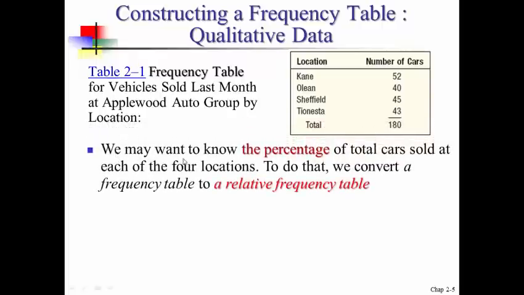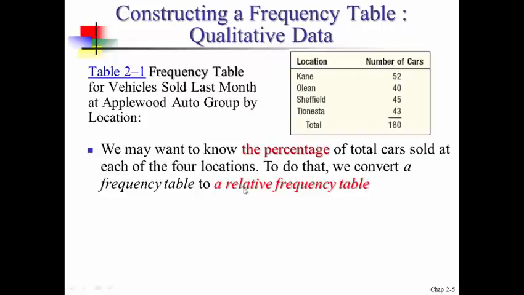We may want to know the percentage. This is not a percentage, this is a number. We may want to know the percentage of total cars sold at each of the 4 locations. To do that, we convert a frequency table into a relative frequency table.